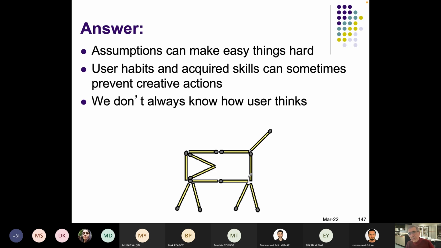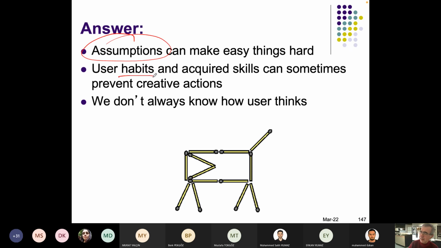So usually assumptions are making things hard. If you have a pre-assumption about a user interface, and that pre-assumption is different from the interface, due to the mental model, then you fail.